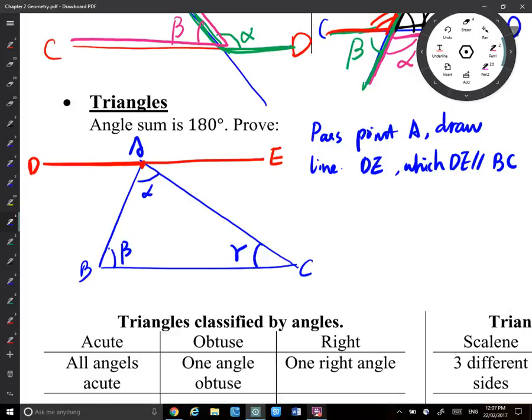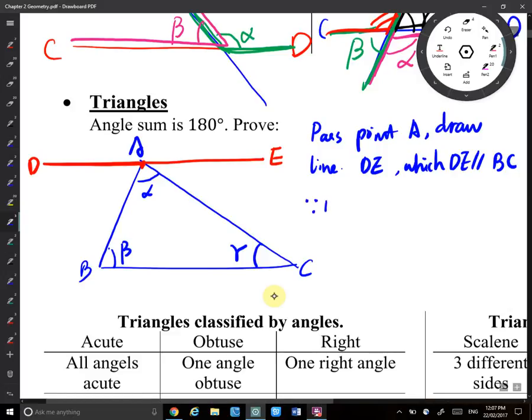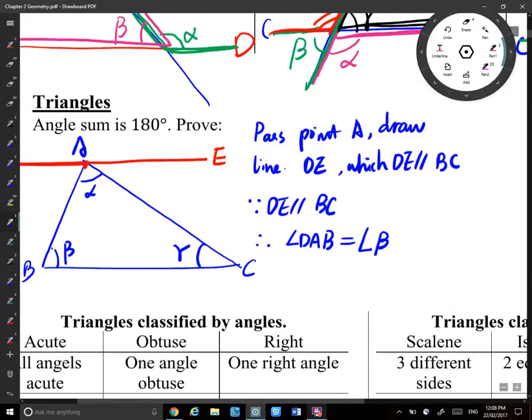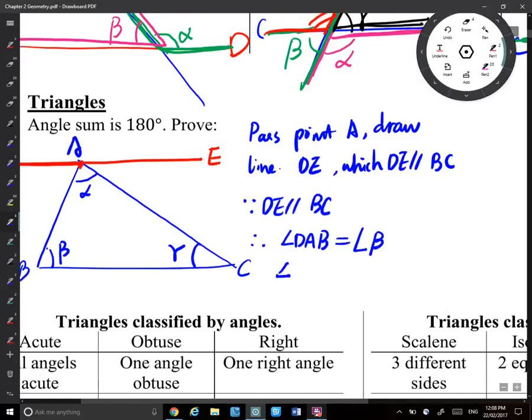You say, because DE is parallel to BC, angle DAB will be equal to angle beta, and angle EAC will be equal to angle sigma.